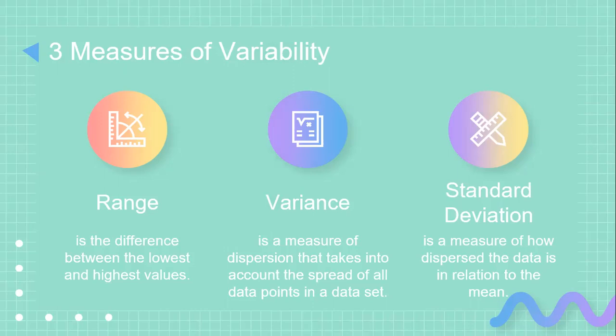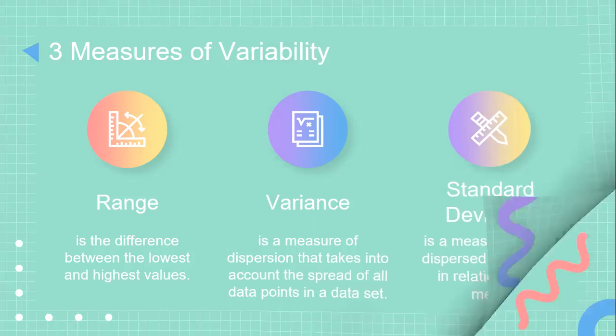To get the range, highest value minus the lowest value. The variance is a measure of dispersion that takes into account the spread of all data points in a data set. The standard deviation is a measure of how dispersed the data is in relation to the mean.